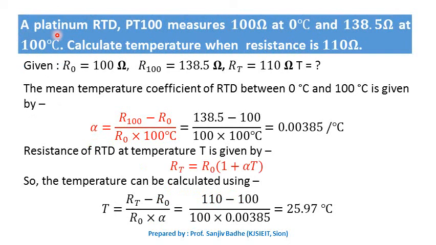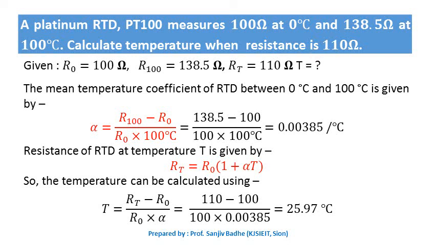This is second problem. A platinum RTD PT100 measures 100 ohms at 0 degree Celsius and 138.5 ohms at 100 degree Celsius. Calculate temperature when resistance is 110 ohm. So in last problem we calculated resistance for a given value of temperature.